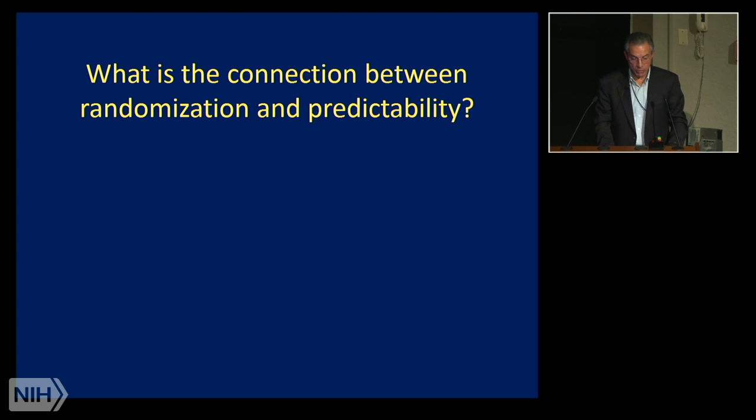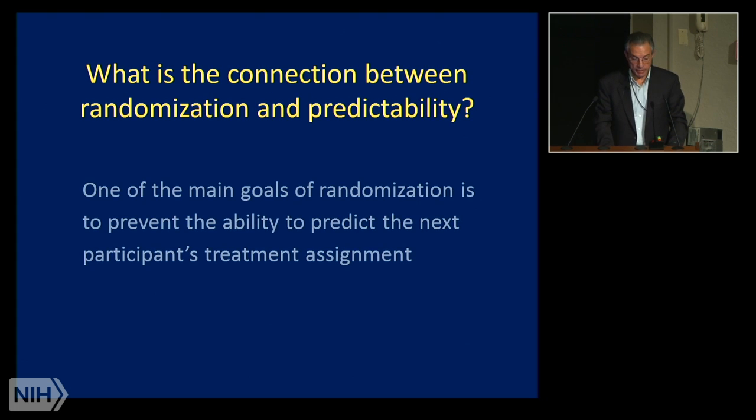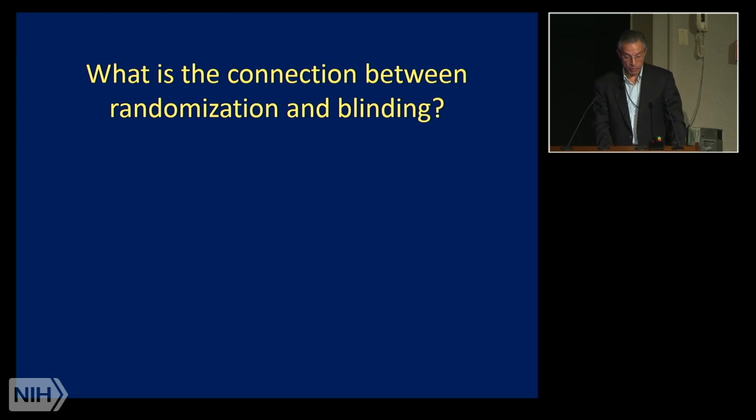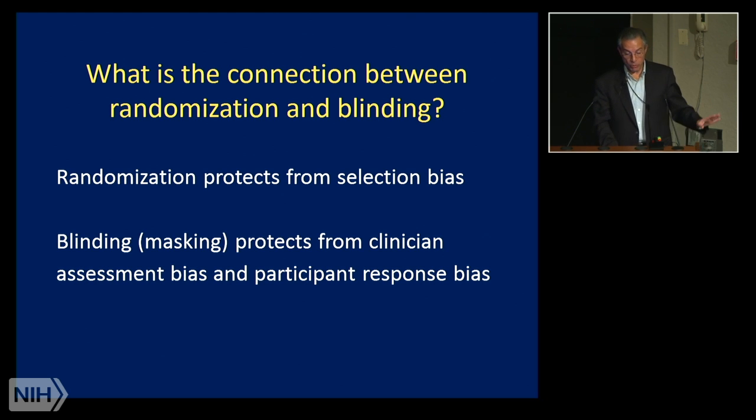What is the connection between randomization and predictability? One of the main goals of randomization is to prevent the ability to predict the next participant's treatment assignment. That's why we do randomization. We don't want to be able to predict. What is the connection between randomization and blinding? Randomization protects from selection bias. We don't want the clinician to be assigning treatments to participants.